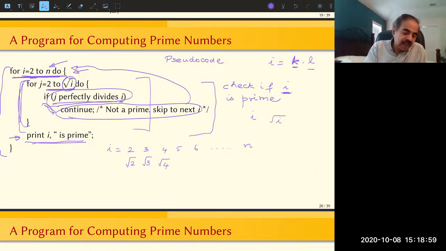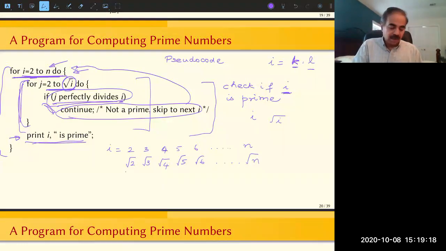Of course, if you look at this, when I equal 2, it actually doesn't even execute any time. But if you look at at least the larger values, then for each I, you end up executing square root I number of divisions.